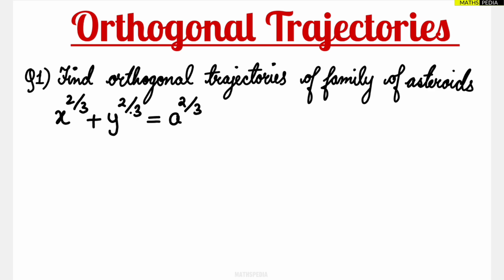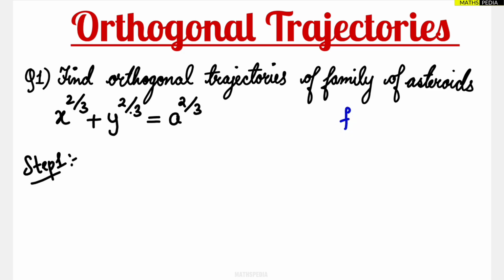So let us start with the first step. The first and basic step is to differentiate this term with respect to x. Before that, let me write over here, because the steps will differ for a Cartesian family and a polar family.